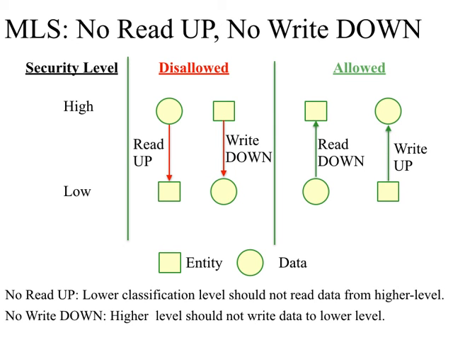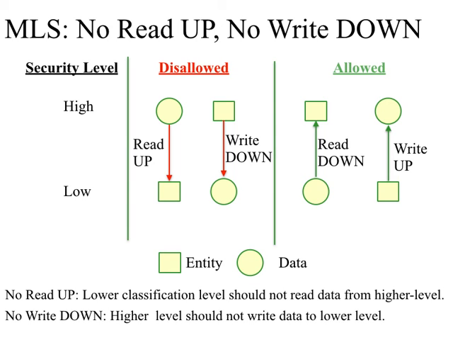There are two key properties for multi-level security systems. These are called no read up and no write down. In this picture you have squares representing users and circles representing data. A user or an entity could either be a human being or even a computer system.